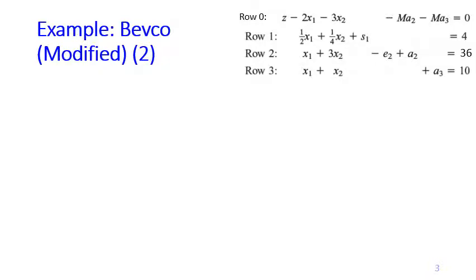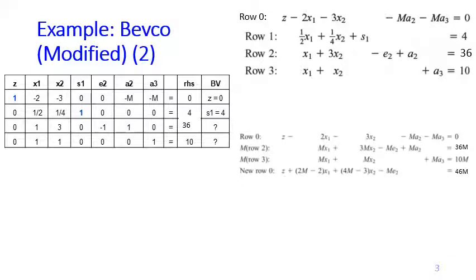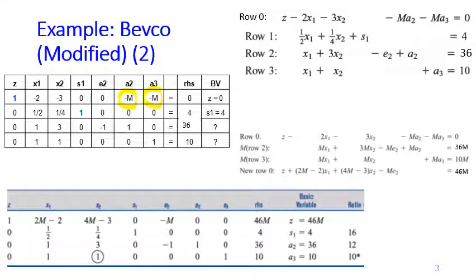And then if we put that into a table, we see that we do not have a canonical form, so this is not a BFS. What we need to do is that we need to eliminate this minus M from, let me highlight them. So we need to eliminate these from the row 0 such that the result would look like this.